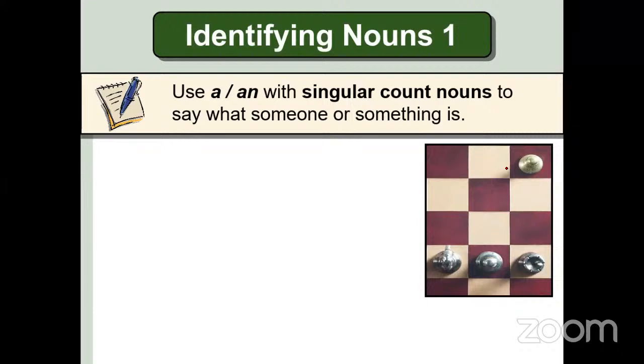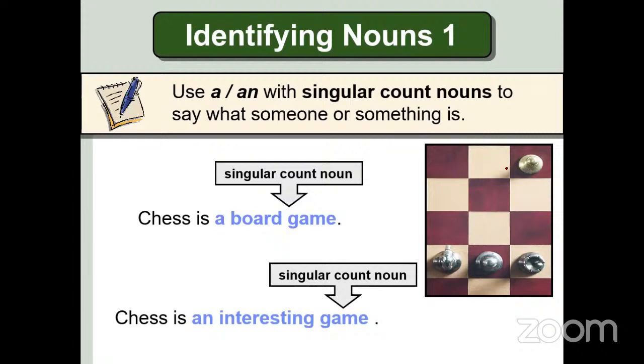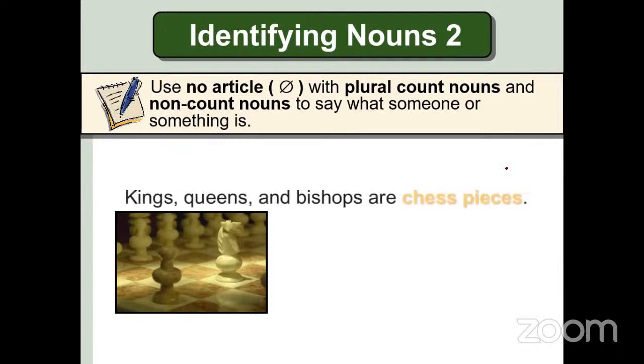Identifying nouns. Use a and an with singular count nouns to say that someone or something is something. Chess is a board game. Singular count noun, a board game, indefinite article. Chess is an interesting game. And use no article with plural count nouns and non-count nouns to say what someone or something is.